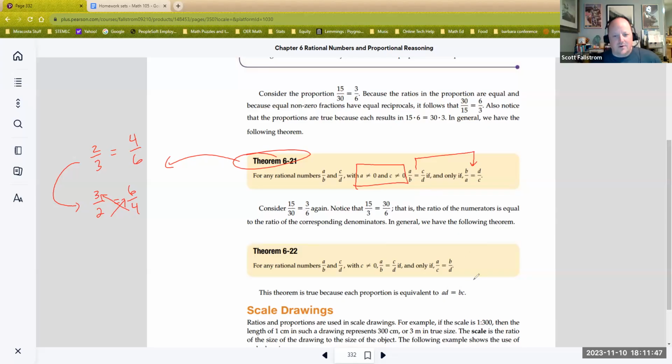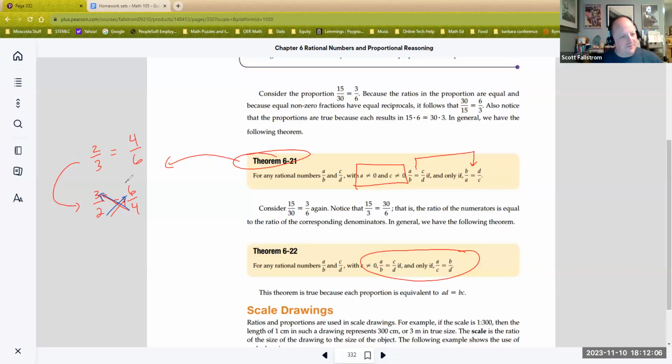Okay. Now, the last one looks a little strange, but I want you to think about the idea that the order of multiplication doesn't matter. So if I was doing multiplication up here and I said, okay, 4 times 3 is the same as 6 times 2, you're absolutely right.